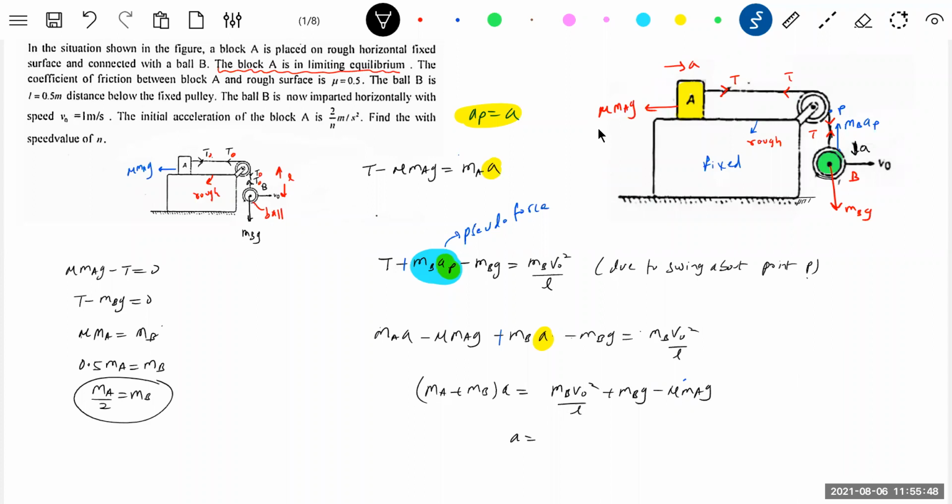MBG minus mu MAG becomes equal to 0. Solving this, we'll get the required answer: 3 meter per second square.